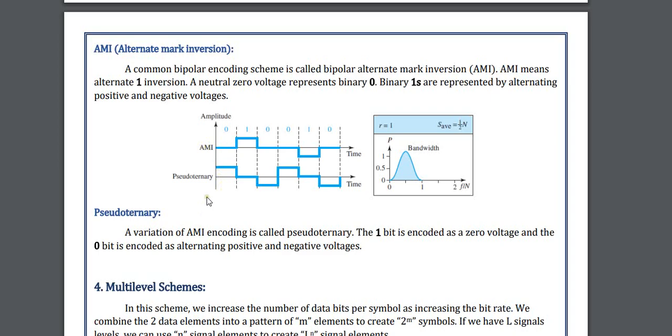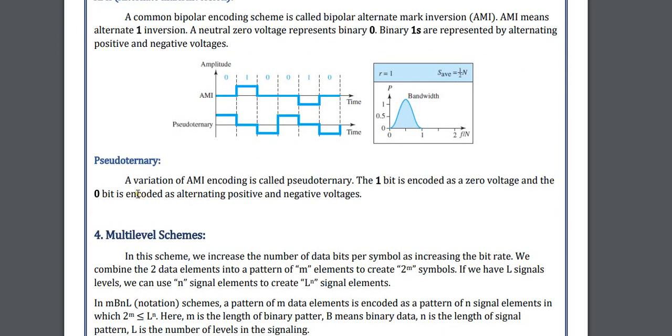And if we are in the pseudo section, we can see a variation of AMI encoding called pseudo ternary, where the 1 bit is encoded as a 0 voltage and the 0 bit is encoded as alternating positive and negative voltage.